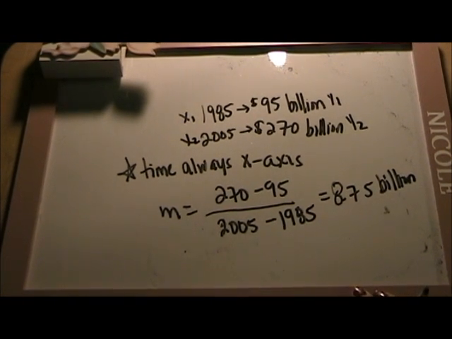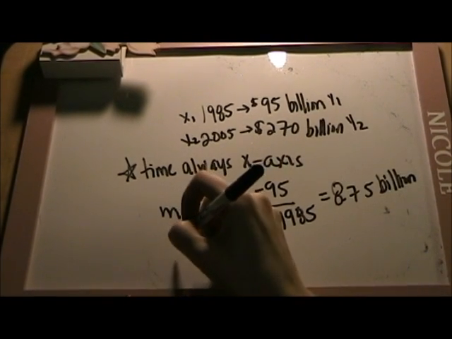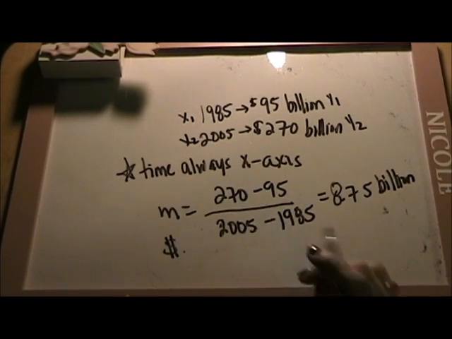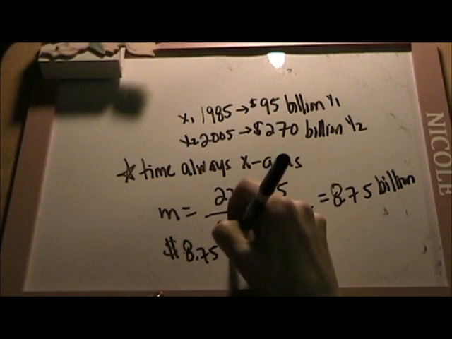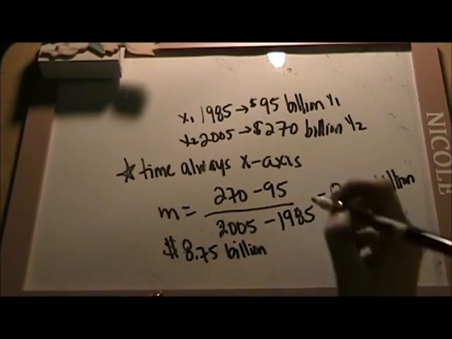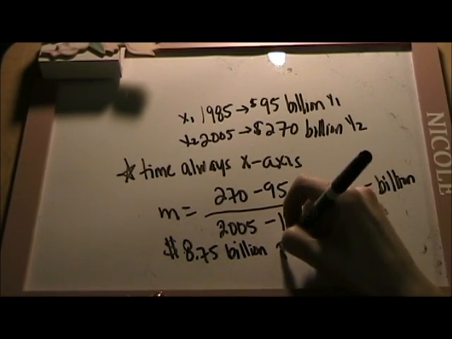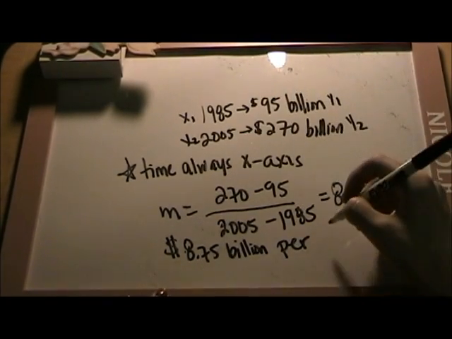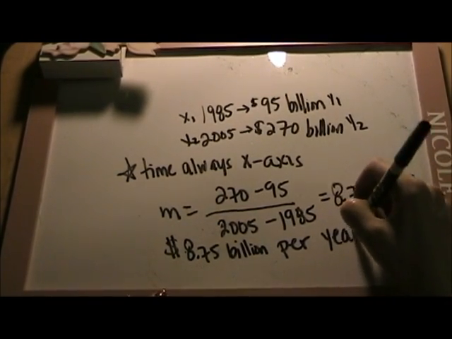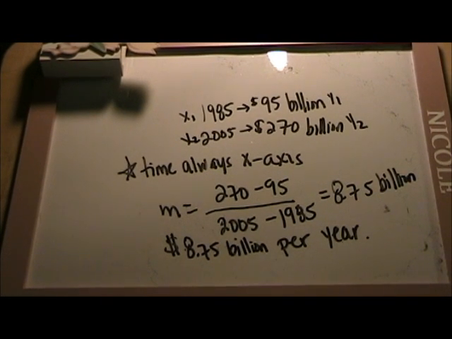And then it wants us to interpret it. So we would say our dollars was our vertical unit, 8.75 billion per year. Okay.